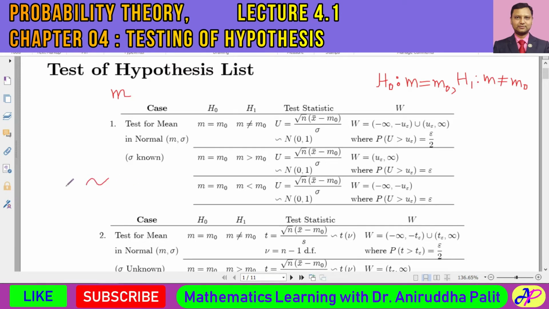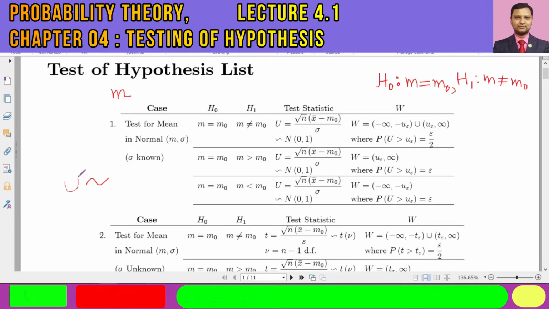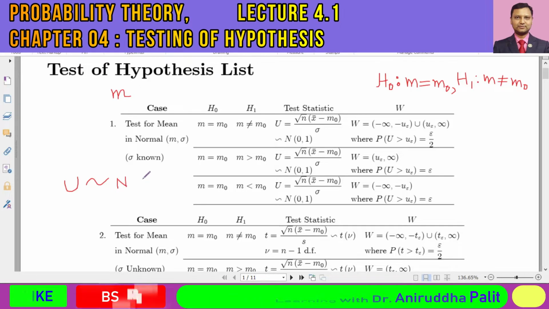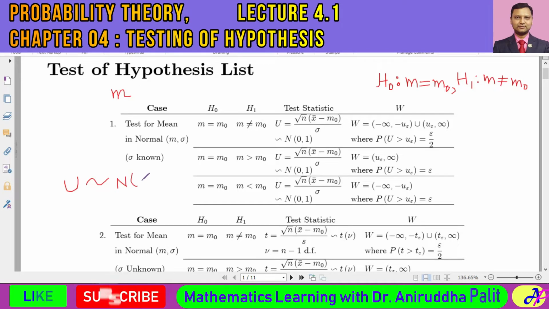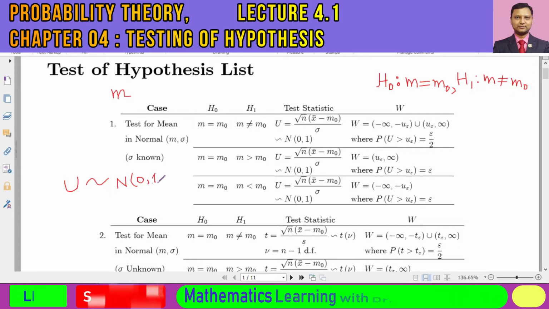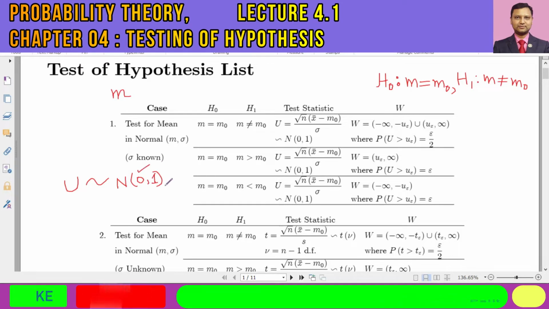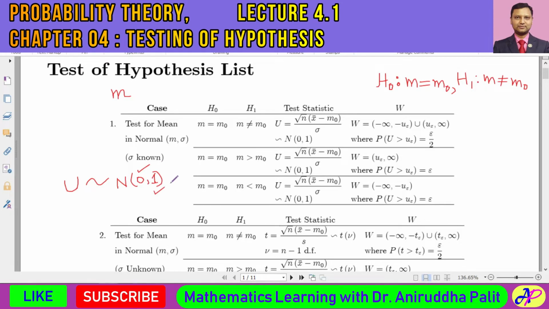We say that this statistic U follows normal 0-1 distribution, the standard normal distribution. Normal 0-1 distribution is represented within brackets 0, 1. That means m is equal to 0 and standard deviation sigma is equal to 1.